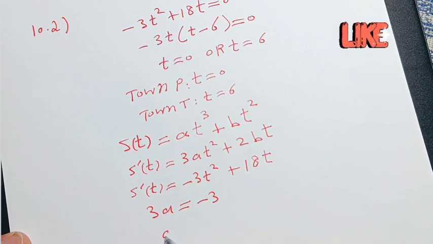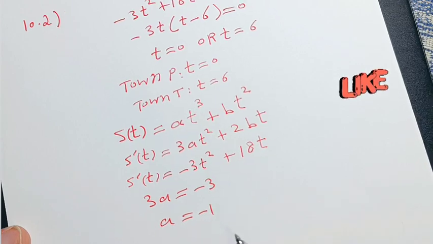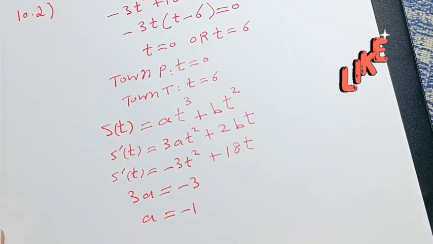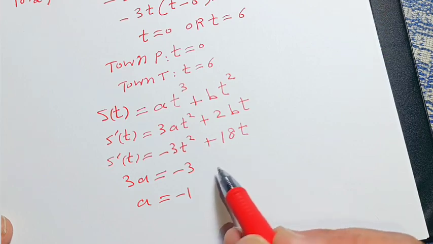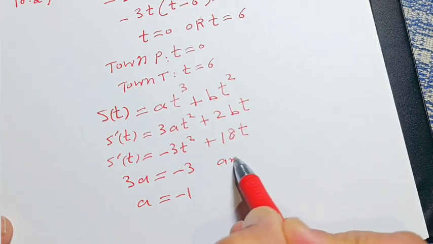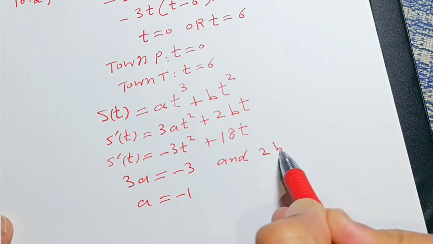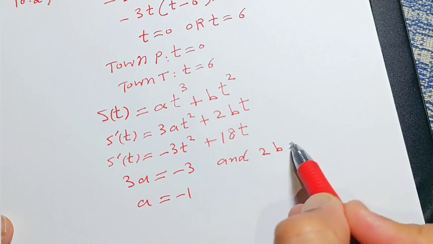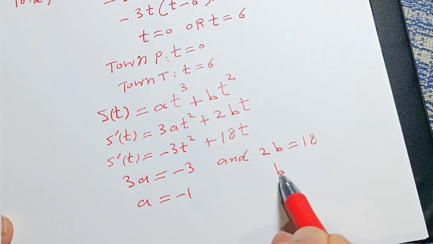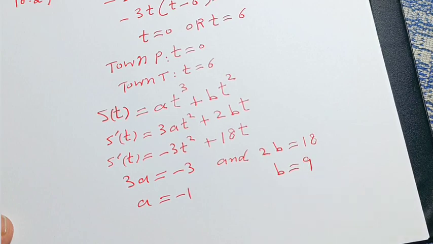Now I find that a is gonna be negative 1, and on this side I also need to find b. So 2b is going to be equal to 18, and then I find the value of b is 9.